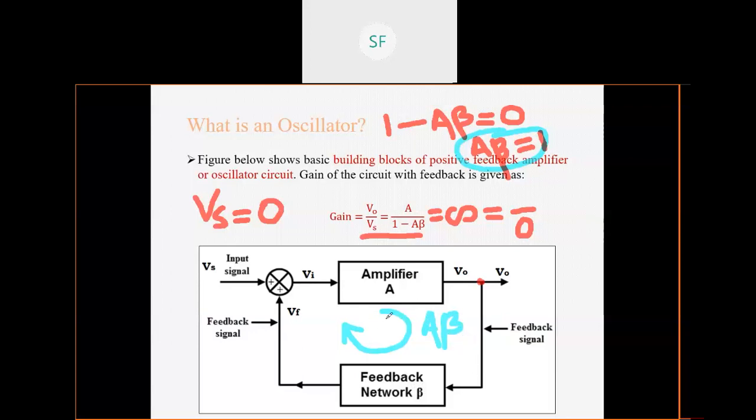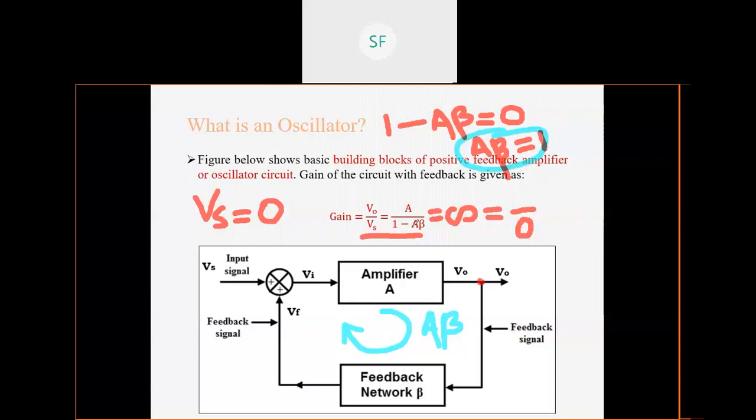But for understanding, we will call the gain of this complete loop, A into beta, the loop gain. So when you are satisfying this condition in your circuit, when loop gain A beta equals 1, what is actually happening?